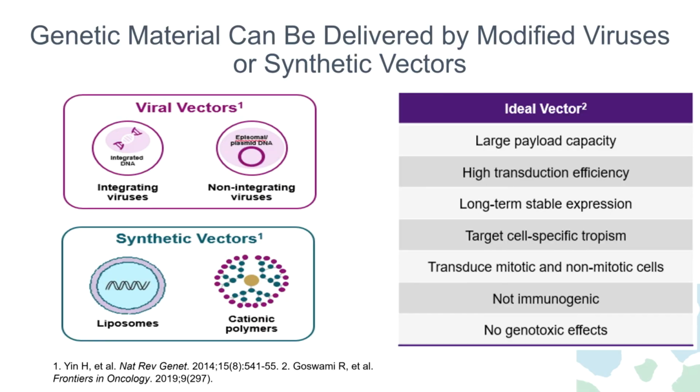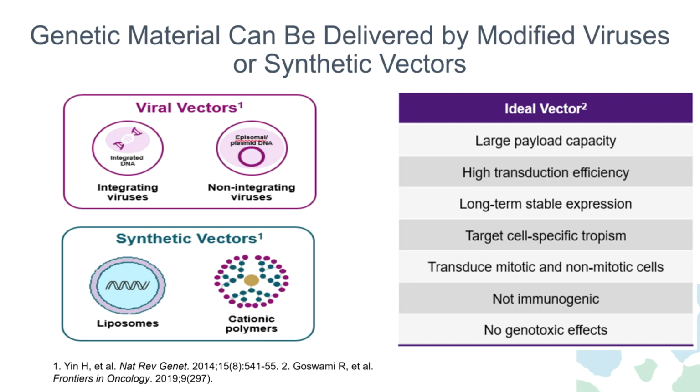And the decision point: how do you decide which vector to use? It's going to depend on multiple factors. One is how big the DNA is that you are going to deliver, so that payload is an important variable. Then the transduction efficiency, which is really higher with viral vectors compared with some of the other methods. Long-term stable expression, because if it is a non-integrating virus, the more the cells divide, the more the expression decreases.